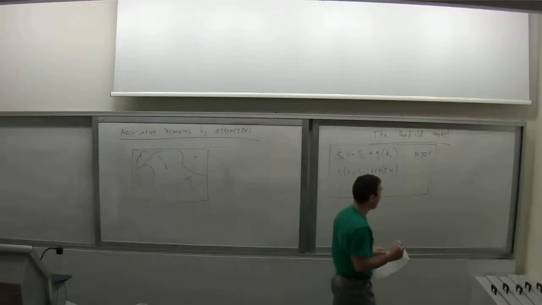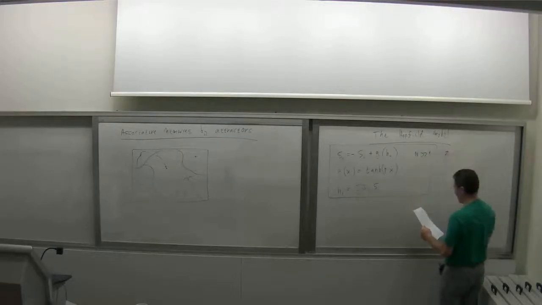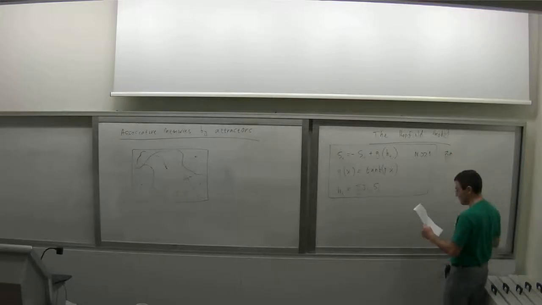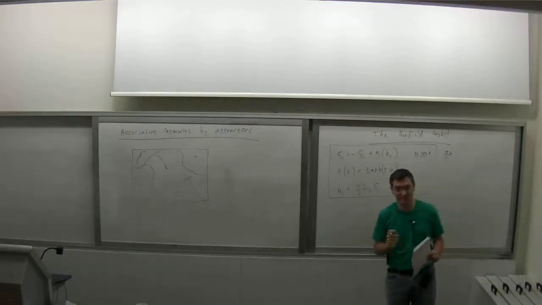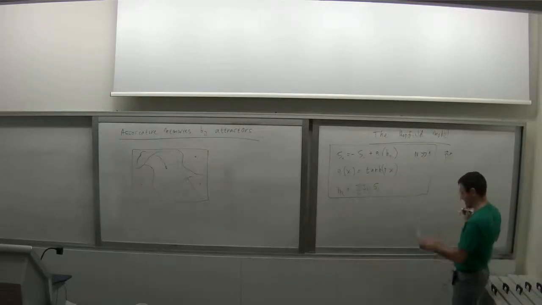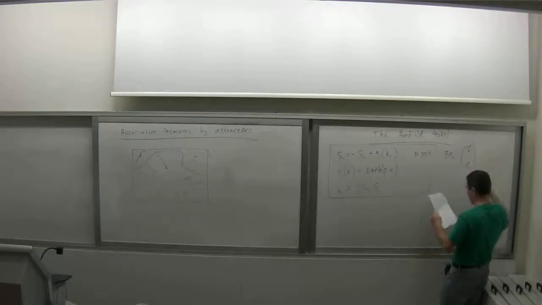We will denote it by the letter P. So P^mu, this is the memory pattern number mu, is a vector of length N, P_1^mu to P_N^mu, where P_i^mu is plus or minus 1 with probability half.